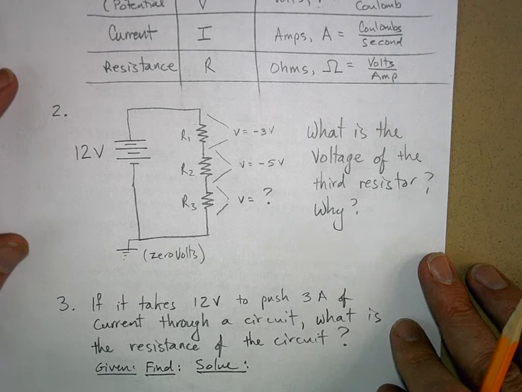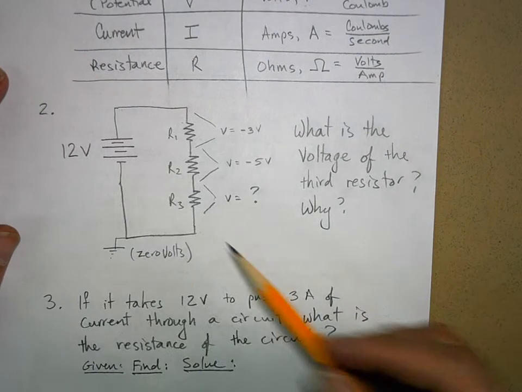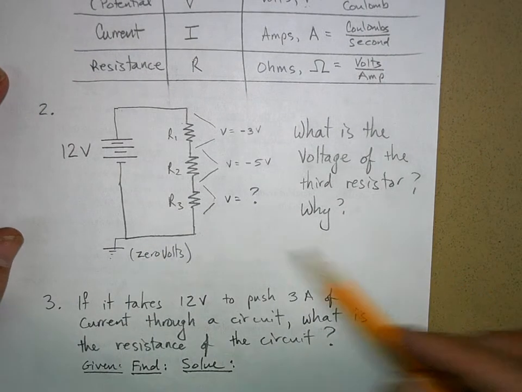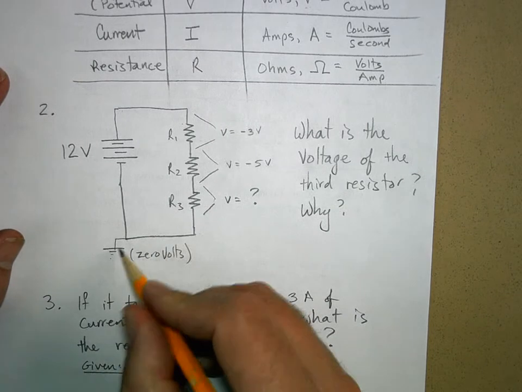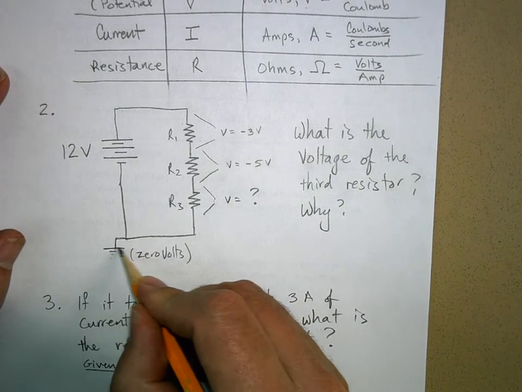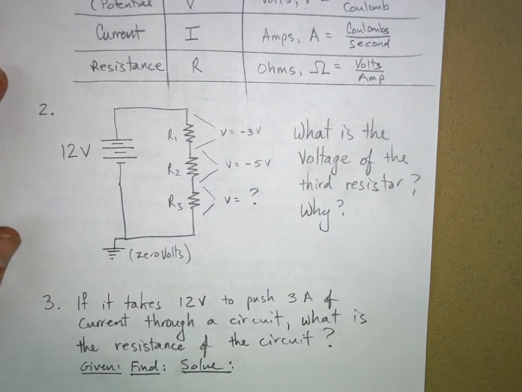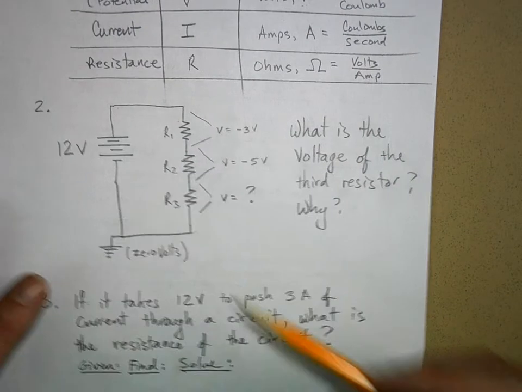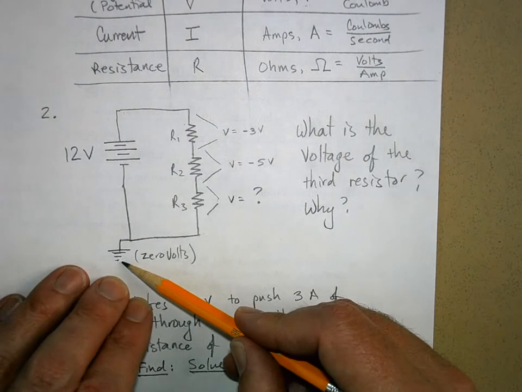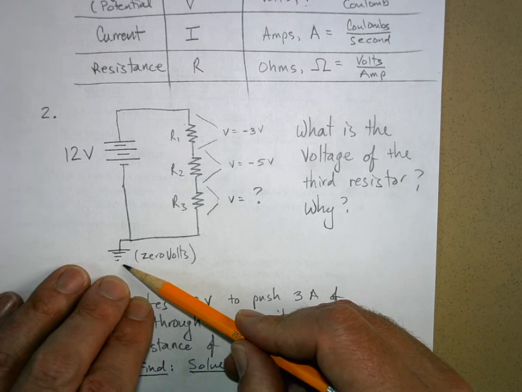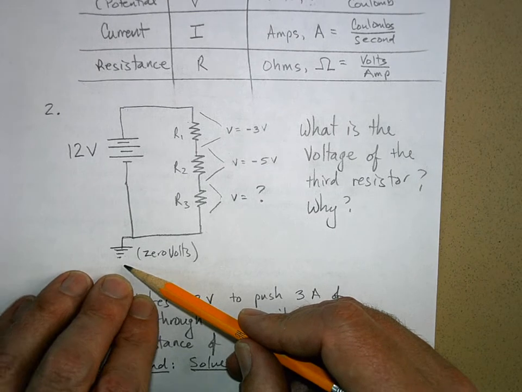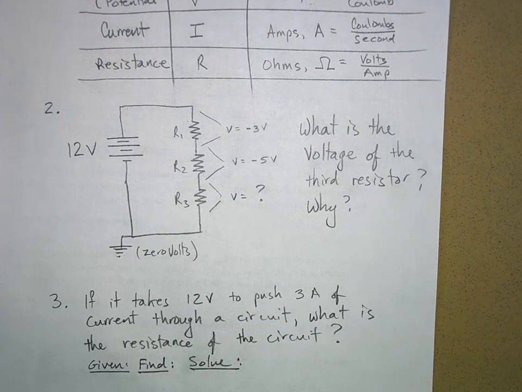Number 2. Well, when you go around a circuit, sometimes you'll see this symbol, and actually I haven't done this before where I show you this symbol, but you'll see that in schematics sometimes. That means, hey, everything down here is at 0 volts. It's been grounded. And in real circuits, like in houses, you literally have a spike that's shoved into the ground, and that's why they call it being grounded.